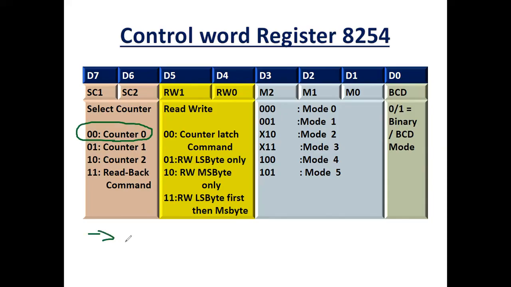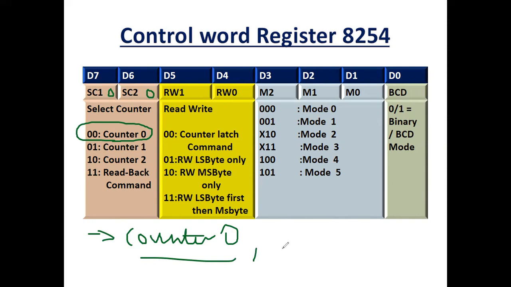What is the question? If you have to interface your microprocessor with counter 0, then what will you do? You will write 00 in the D7 and D6 positions.